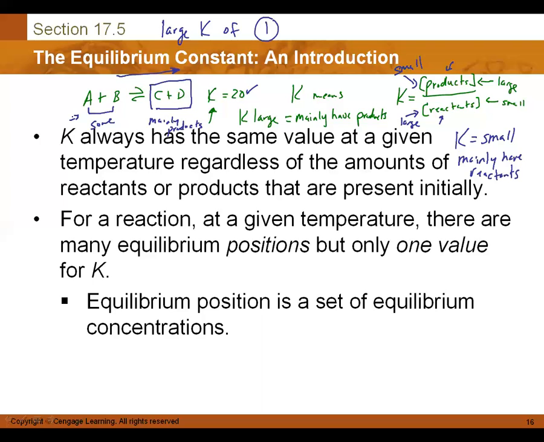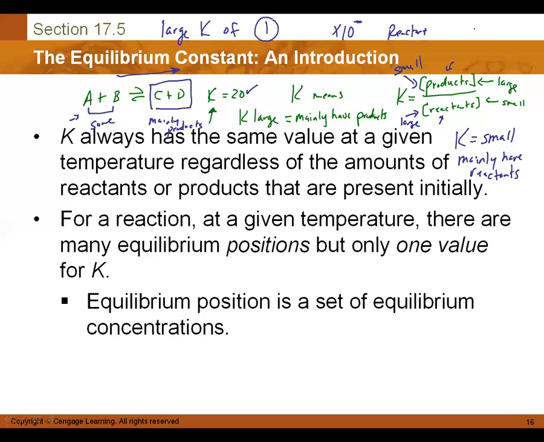And the same thing would be the opposite if you look at the K value and you have a negative exponent. If you had 10 to the minus 24 or something like that, what that would mean is the opposite, that you would mainly have reactants there.